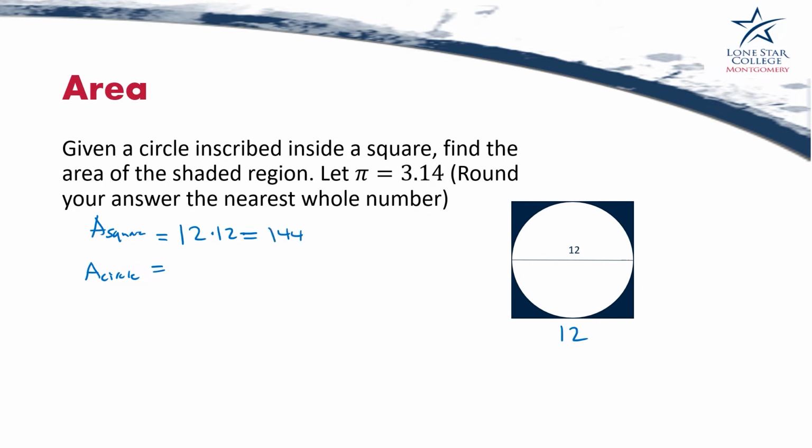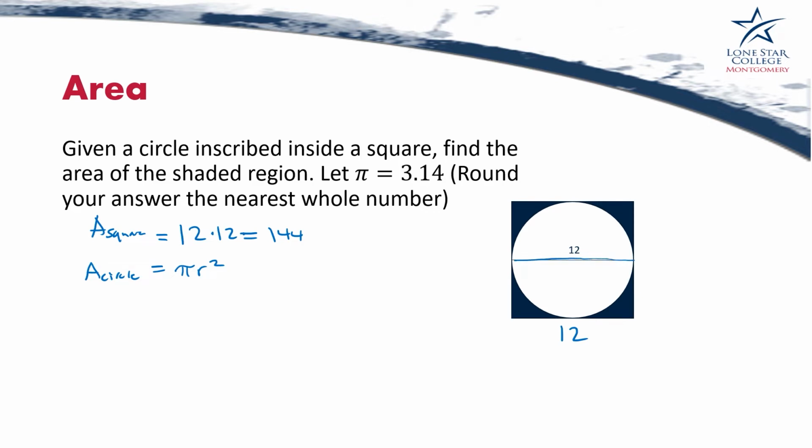Now the circle. To understand what the area of a circle is, the area of a circle is pi r squared, where pi is represented as 3.14 in this case. R is the radius. Radius is half of the diameter. So our diameter is the length from one side of the circle to the other.